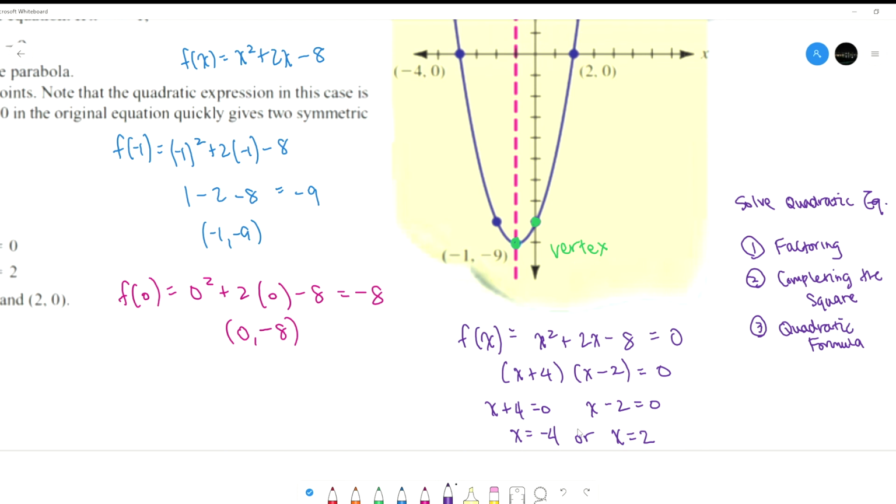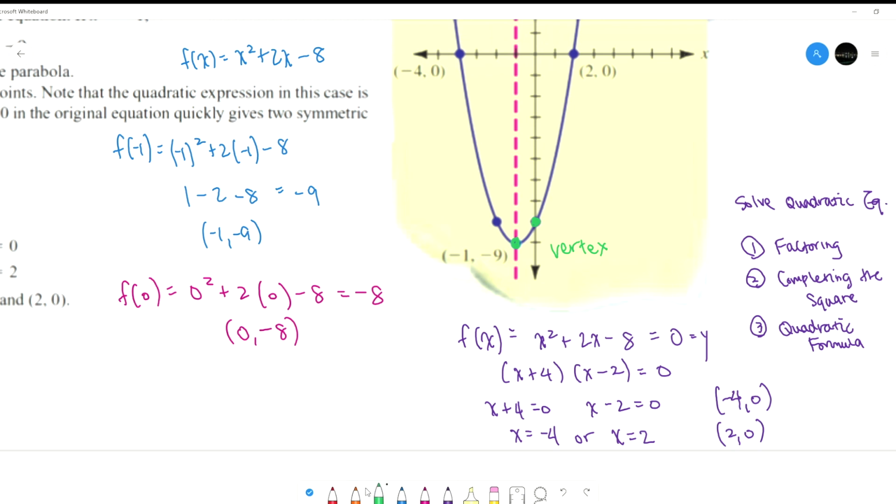Okay, so what does that mean? That means these are our x-intercepts. This is when y is equal to 0, right? Earlier we said y-intercept is when x is equal to 0, and the x-intercepts are when y is equal to 0. So as you can see, the coordinates for this would be negative 4 for x, 0 for y, 2 for x, 0 for y.